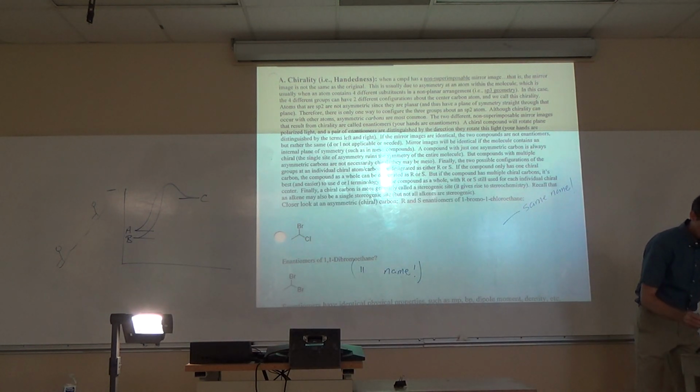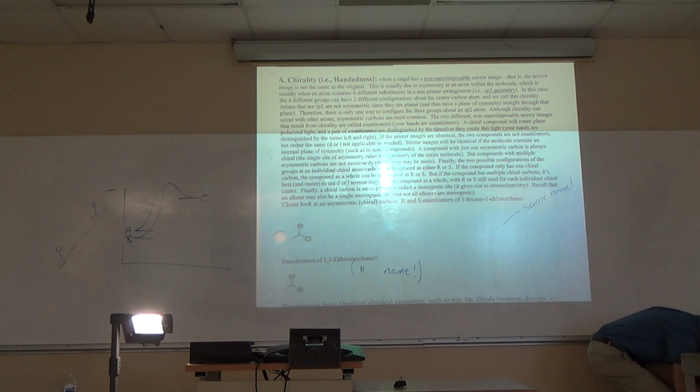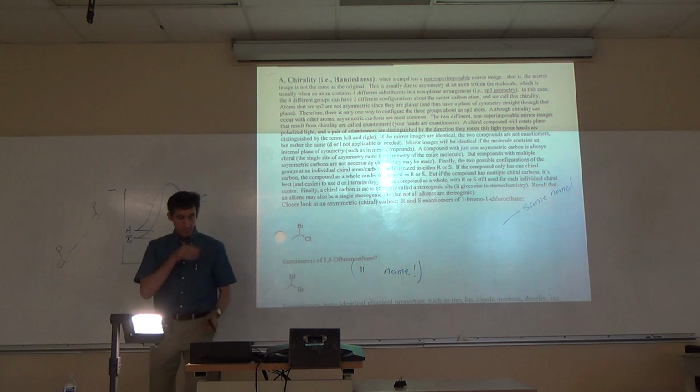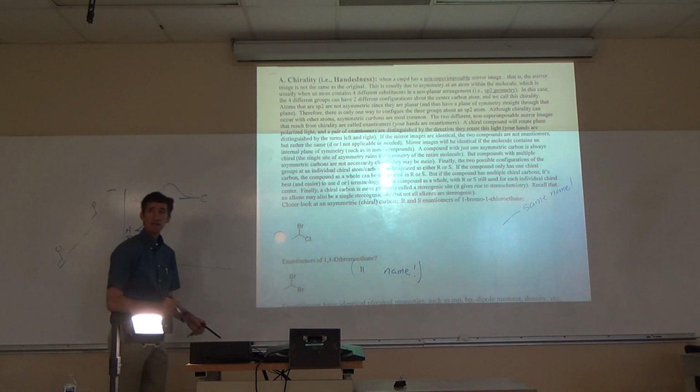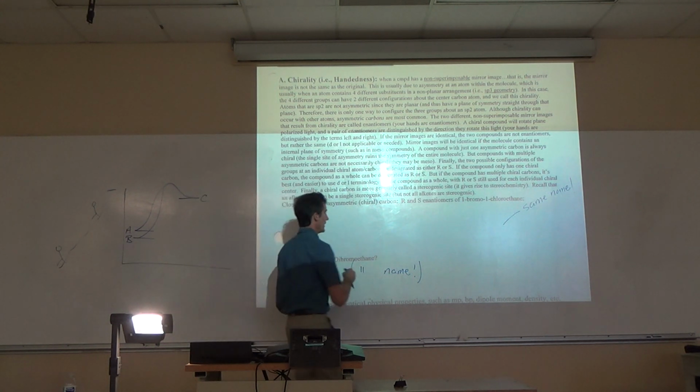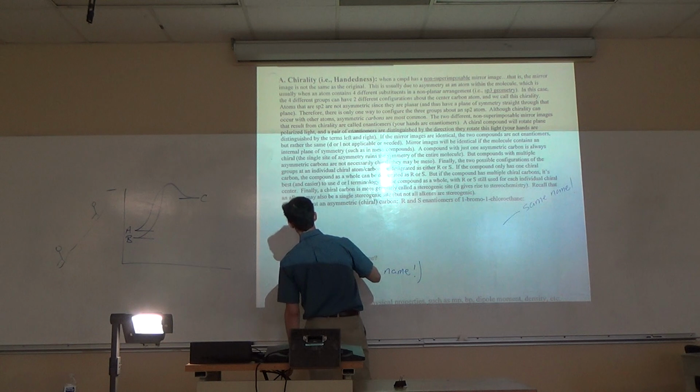Let's make a model of this compound. Well, first off, this compound doesn't have projections drawn correctly because this carbon's tetrahedral. We've got to have two in the plane, one forward, one back. All right? Let's draw this like this.